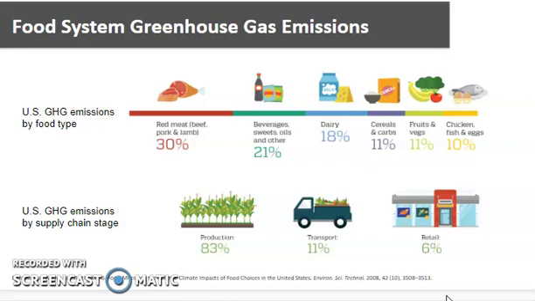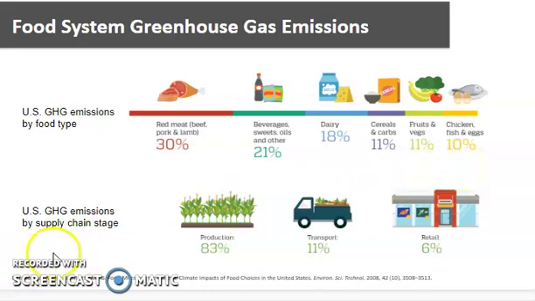So we're just looking at the greenhouse gas emissions as a result of food production. Beverages, sweets, oils, and others is a huge chunk, 21%, because there's so much processing and so much transportation there. And then we see dairy, cereal, carbs, chicken, fish, and eggs here down at the bottom.